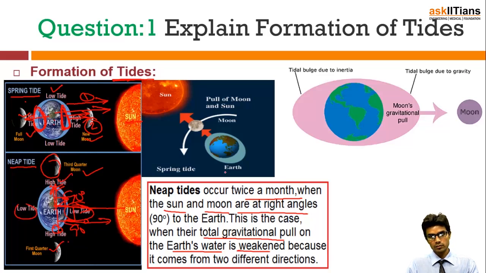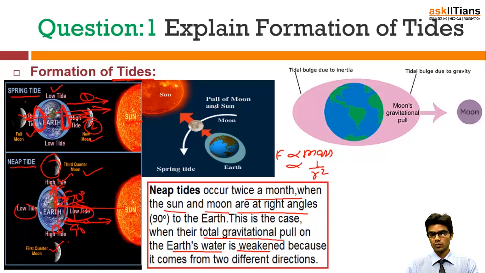Since the force F is directly proportional to mass and inversely proportional to the square of the distance, here there is a higher distance between the sun and the earth, and the square of the distance is much bigger. So the force due to the sun will be weaker, and the force due to the moon will be stronger. This is the reason due to which tides form.